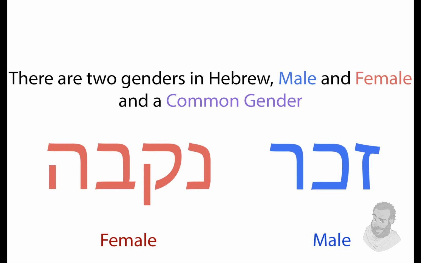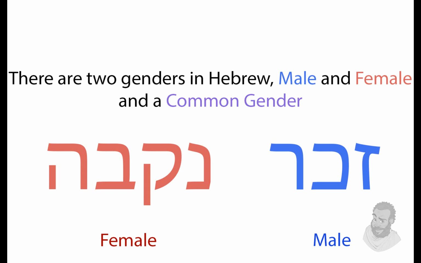This is for nouns and adjectives. We will get into numbers and names in another video. We'll do numbers separately and we'll do names separately. Numbers are a bit tricky in classical Hebrew.